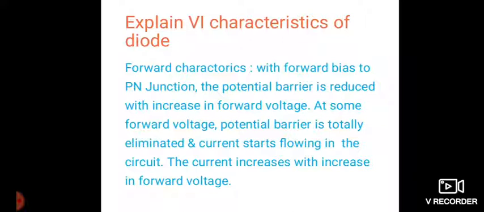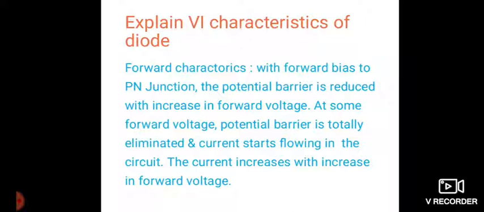When P type and N type are joined together, some of the electrons from the N side cross over the junction and some of the holes from the P type cross over the junction and form a potential barrier. That potential barrier is called the barrier potential for the conduction of the diode. That barrier potential will be 0.7 volts for silicon and 0.3 volts for a germanium diode.